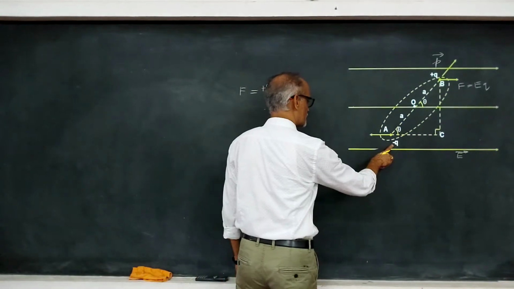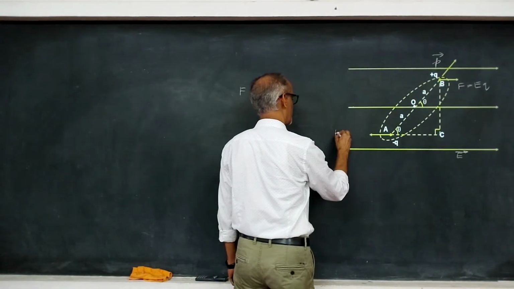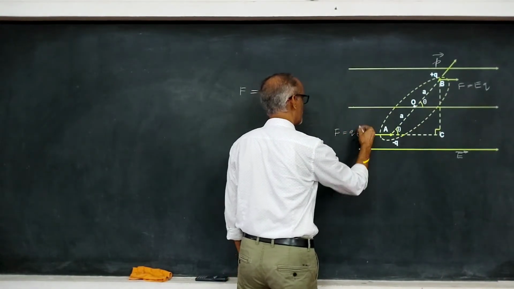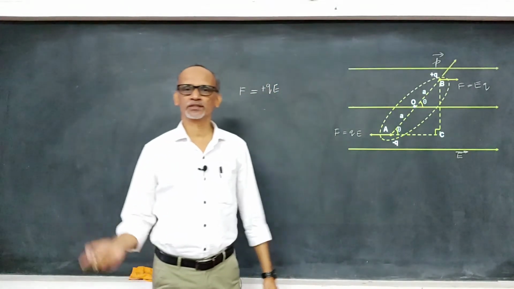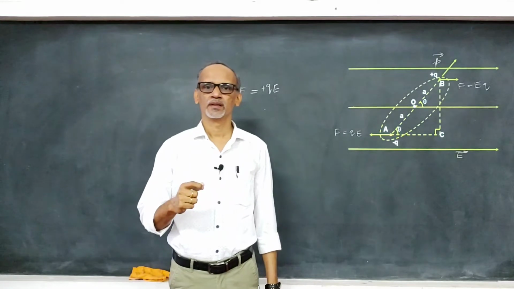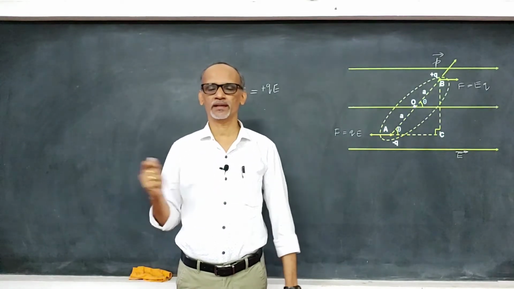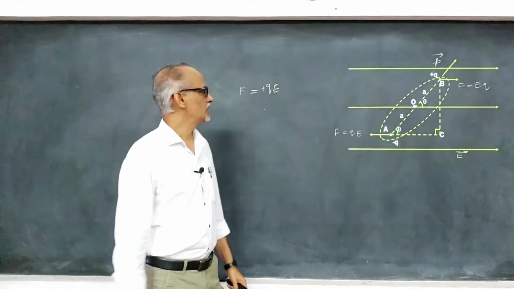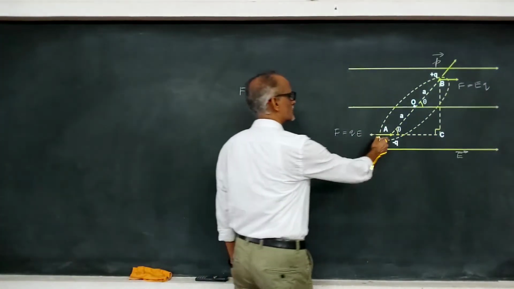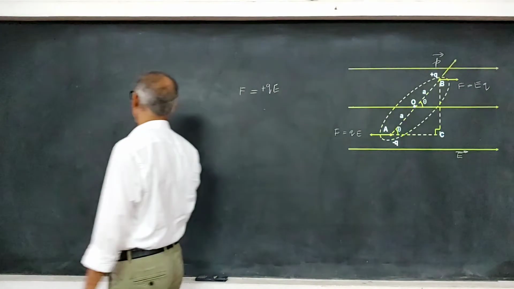The negative charge also experiences the same force, F equal to QE, but in the opposite direction, because it's a negative charge. A negative charge experiences a force in a direction opposite to that of the electric field. That is like this.